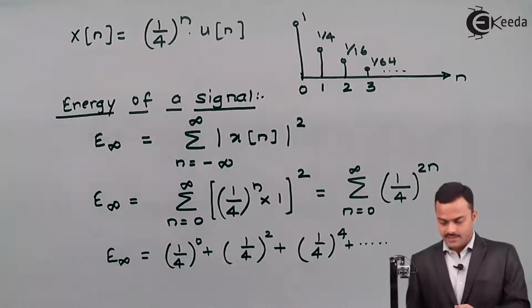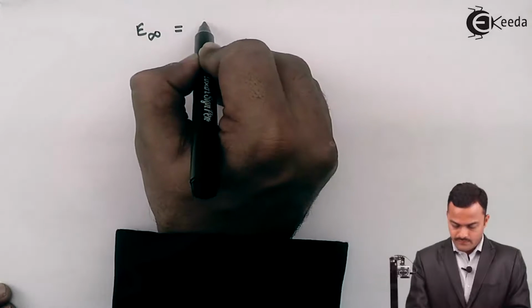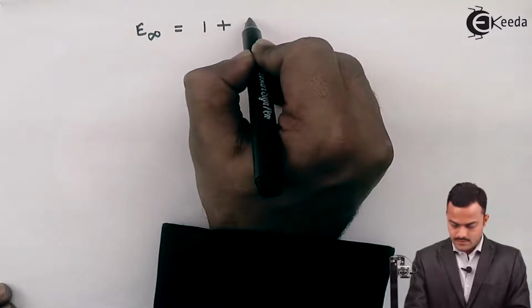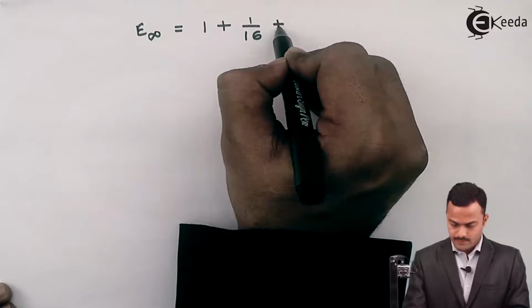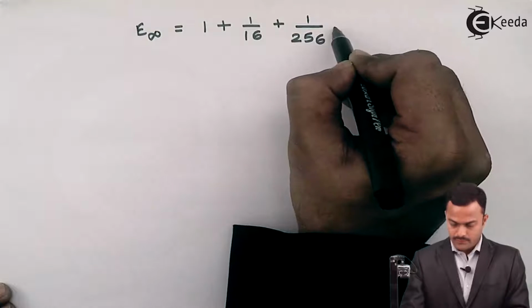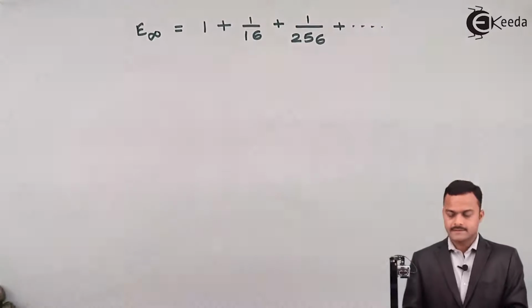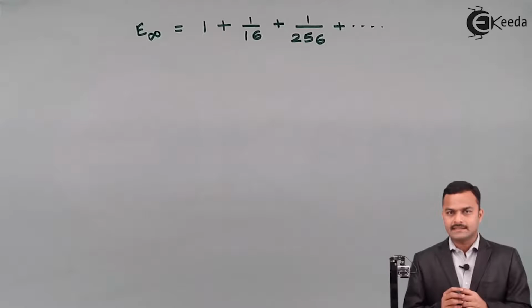If I simplify, I'm getting a series like this: E infinity equals 1 plus 1 by 16 plus 1 upon 256, like this. So now it becomes a simple problem of maths.